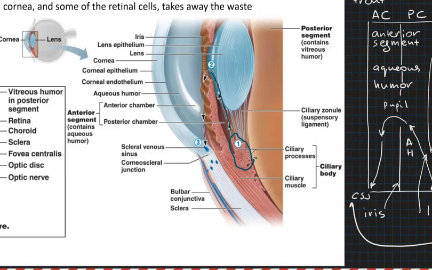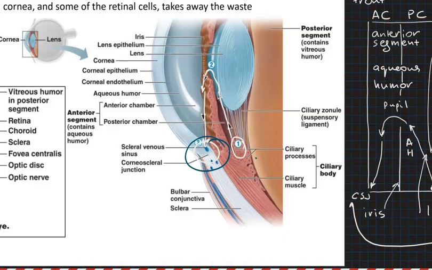Then it flows from the processes all the way through the iris down here to scleral venous sinuses where it drains.